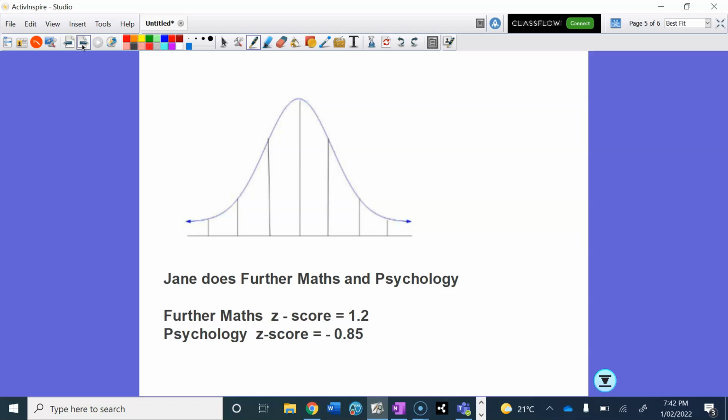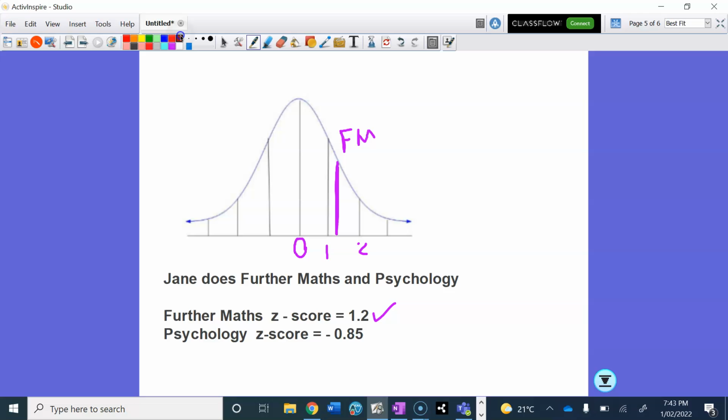So basically what you need to be able to do is first of all identify where on the graph these two scores fall. If I put her further maths score there in pink, if that is the mean, or 0 standard deviations, this is 1 and this is 2, 1.2 falls in there.